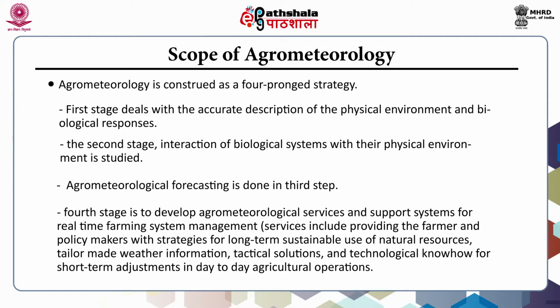These services include providing the farmer and policy makers with strategies for long-term sustainable use of natural resources, tailor-made weather information, tactical solutions and technological know-how for short-term adjustments in day-to-day agricultural operations.